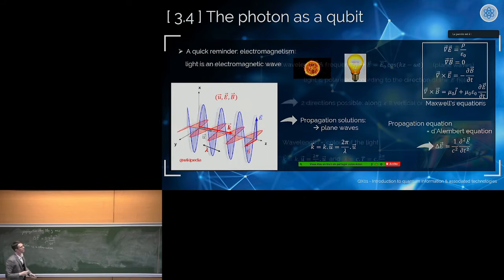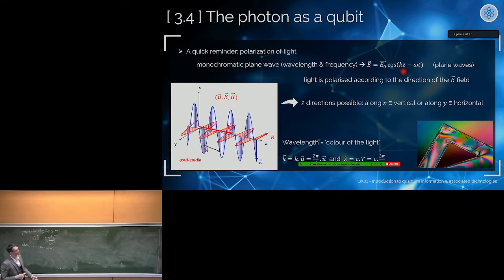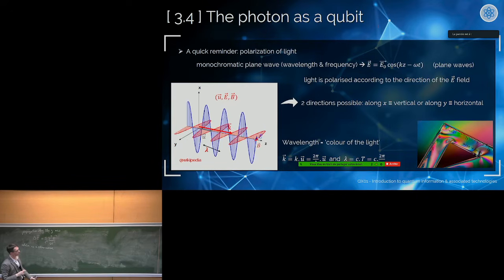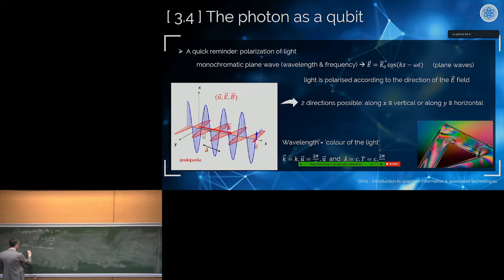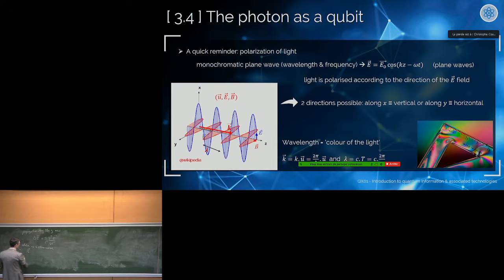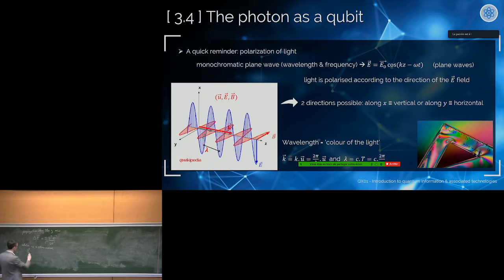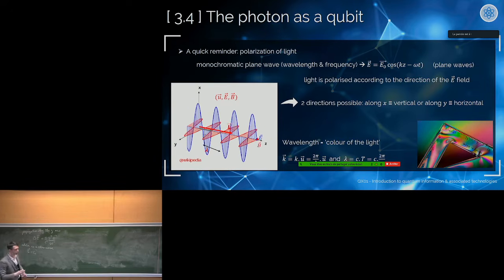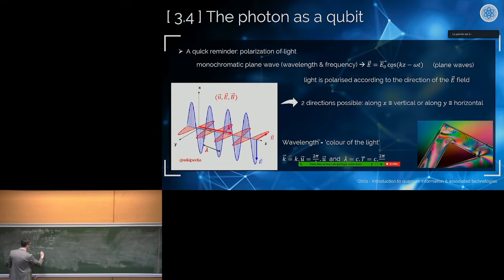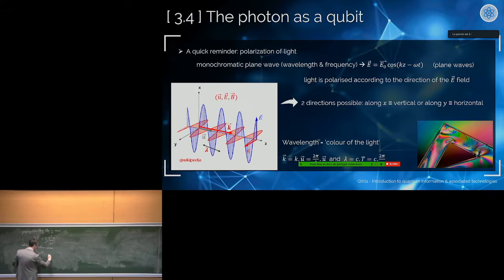Okay, so as we said, it's something that will oscillate in space and time. If I write it, I can also use a complex notation, it's the same thing.